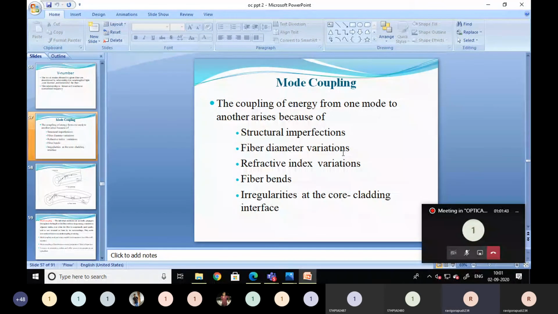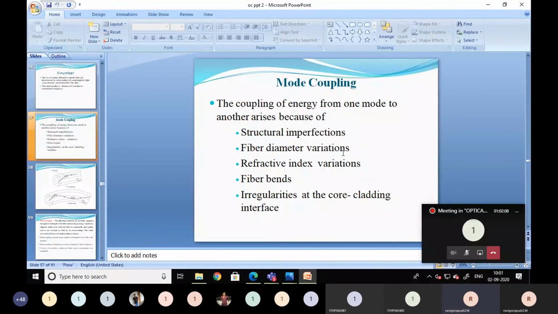Fiber bends: the fiber is having some bendings, so some light rays may be radiated, and irregularities at the core cladding interface. All these cause mode coupling. Otherwise, some power is radiated into the cladding.